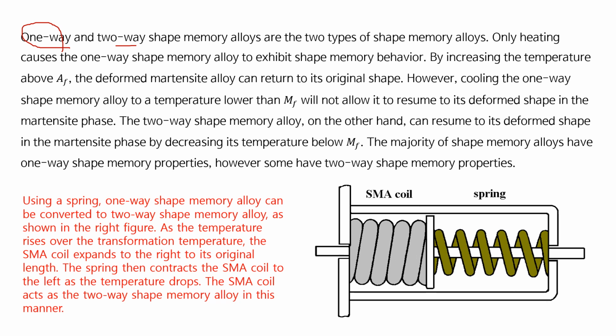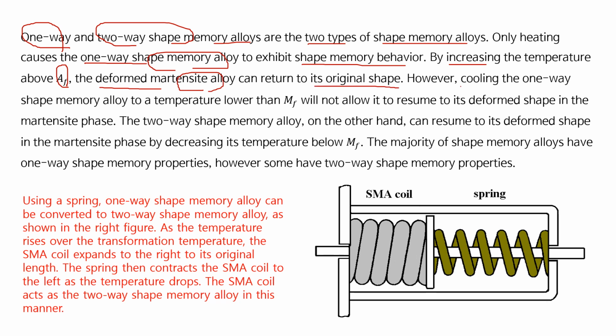One-way and two-way shape memory alloys are the two types of shape memory alloys. Only heating causes the one-way shape memory alloy to exhibit the memory behavior. By increasing the temperature above AF, the deformed martensite alloy can return to its original shape.